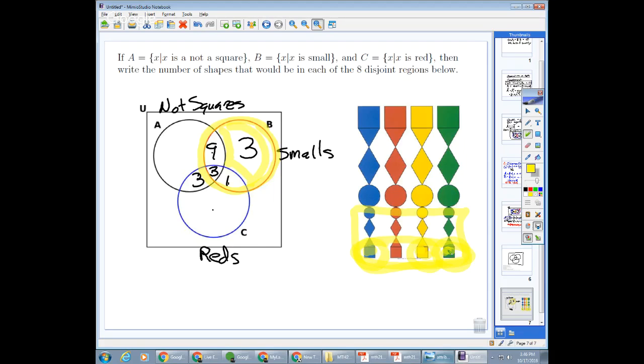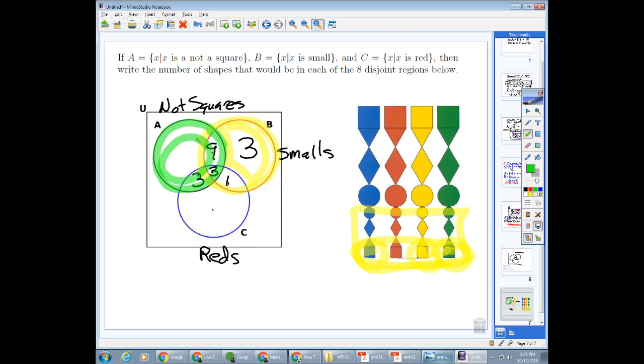I'm out, so let's use a different color here. Maybe that color right there. So anything in here has to be not a square, right? So if I'm outside of this region here, what must you be to be outside that circle? A square.